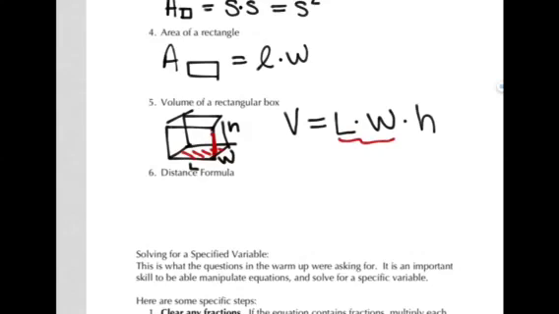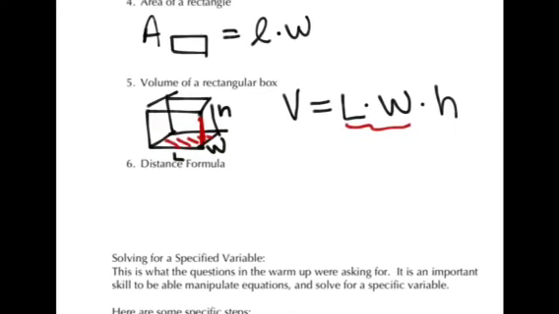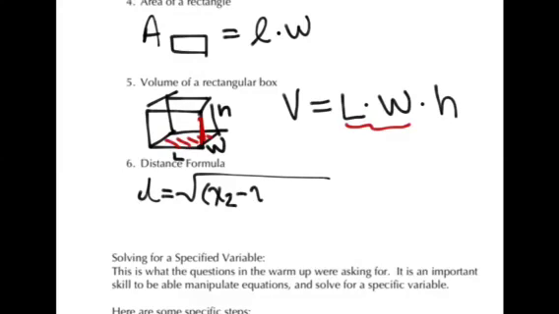The distance formula. I guess in that case I'm talking about the distance between 2 points. The distance formula is the square root of x2 minus x1 squared plus y2 minus y1 squared.